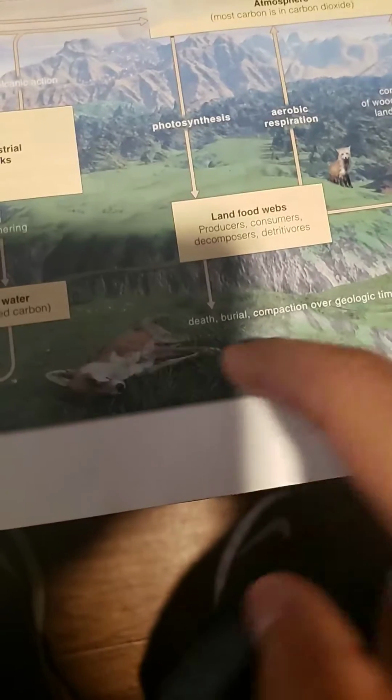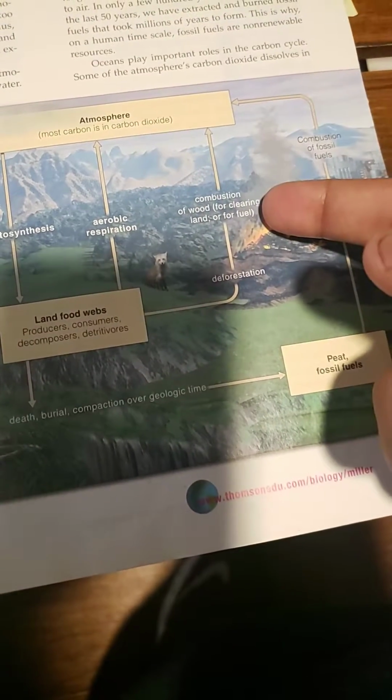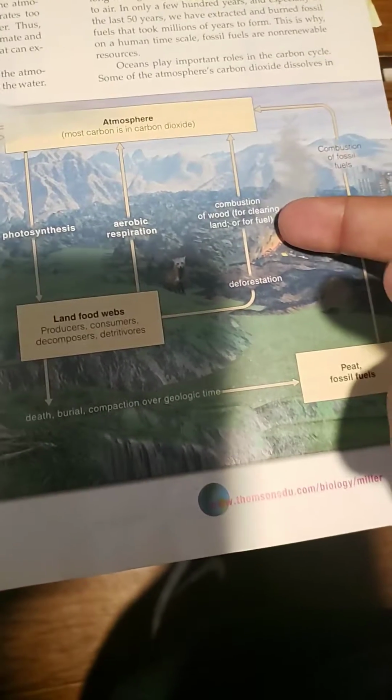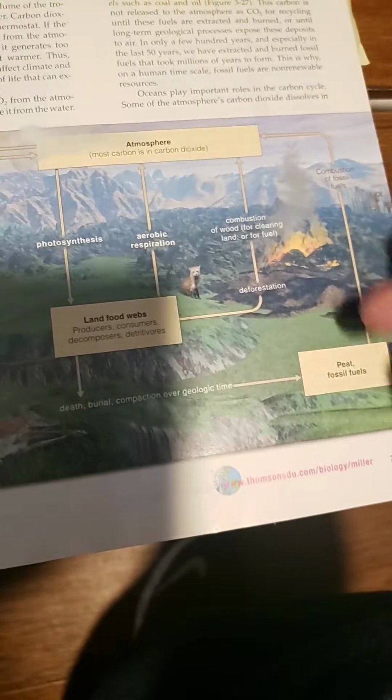CO2 is also created from death, fossil fuels, and combustion. The end products of combustion are CO2 and water. So we get a lot of CO2 in the atmosphere due to combustion, either from fires or from burning fossil fuels, which most of you know is basically what we use for gas.